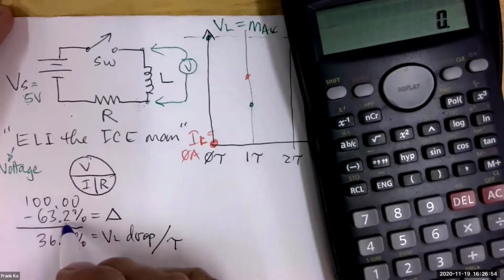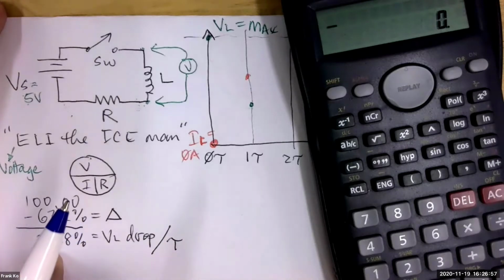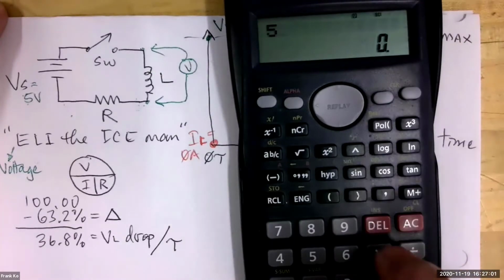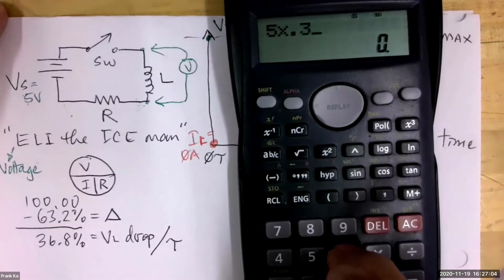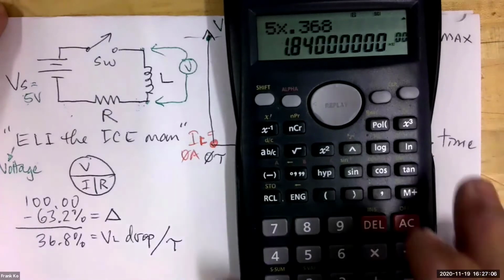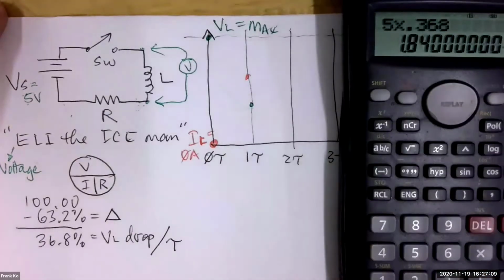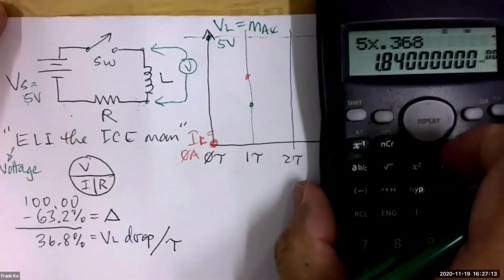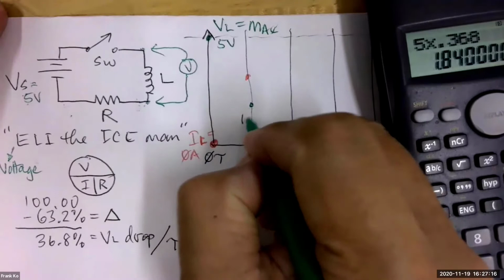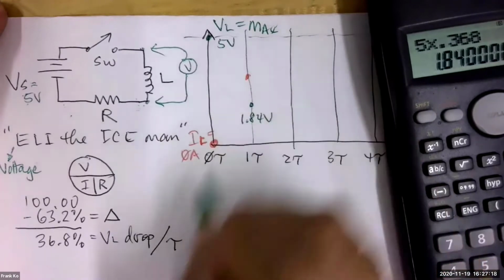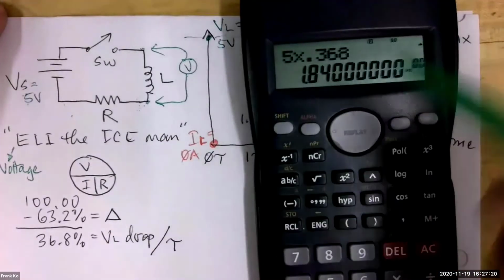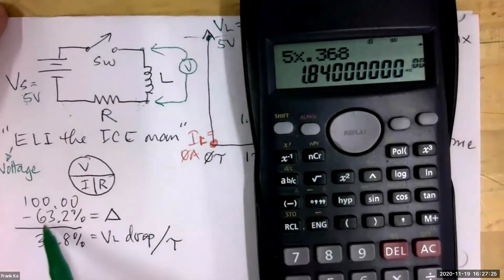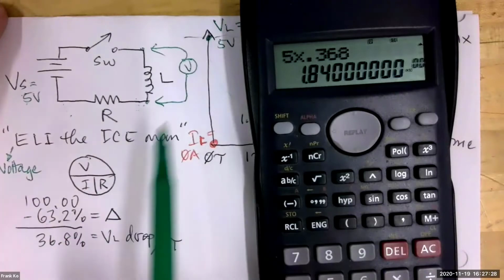It'll drop by 63.2%. It'll drop to the amount of 36.8%. So watch this. 5 times 0.368. It will drop down from 5 volts down to, what do we have here? 1.84 volts. 1.84 volts.